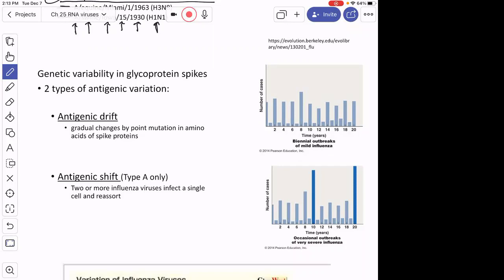In flu, we have a couple different kinds of antigenic variation that can be a little bit slower: antigenic drift and antigenic shift. Antigenic drift is when you have gradual point mutations over time in those spike proteins. This happens maybe over a year or two.